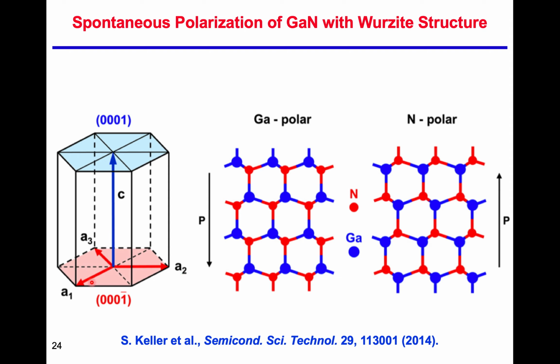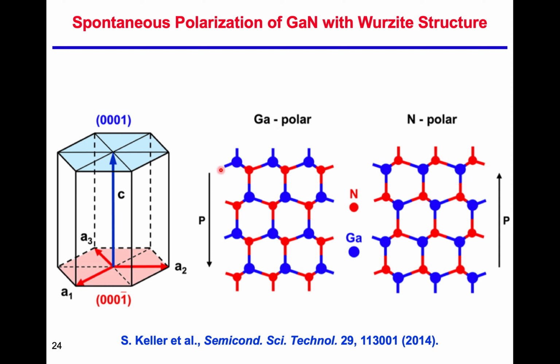So we can define some axes A1, A2, A3 and C. If we grow the gallium nitride layer by layer, and the top surface is the gallium, we call that gallium polar. On the other hand, we call that nitrogen polar.